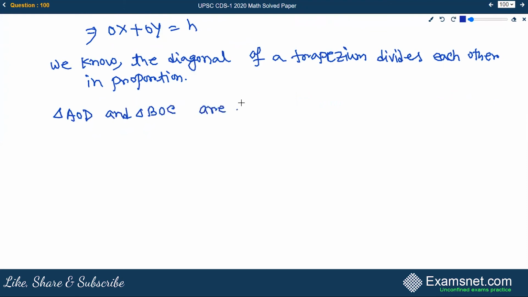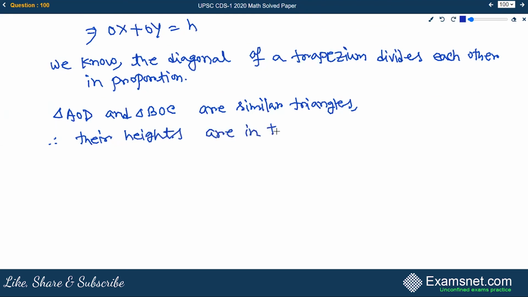Since these two are similar triangles, their heights are in the same proportion as their sides.